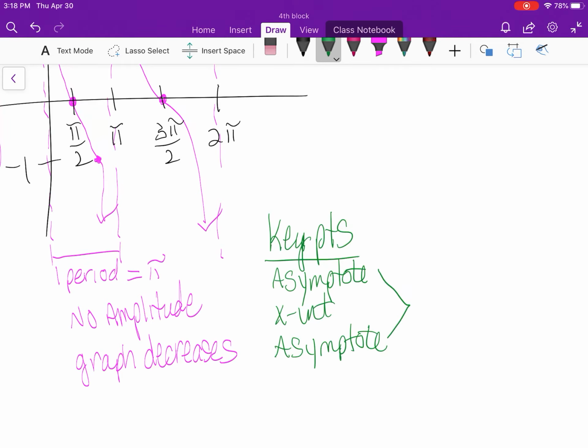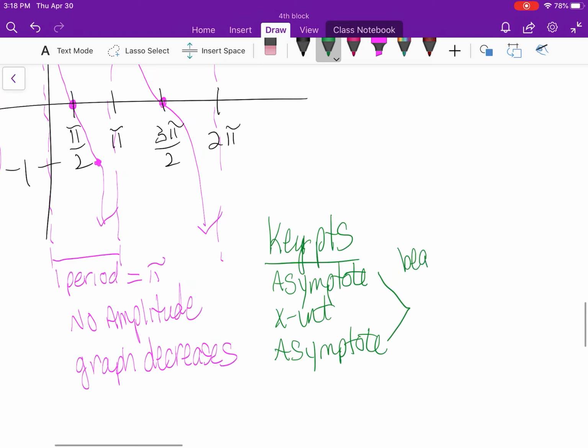For tangent, we said to find those asymptotes, we're going to put it at plus or minus the period over 2. For cotangent, we're going to put those asymptotes at the beginning and end of the period. So that's why this one has an asymptote at 0 and then also one at pi.